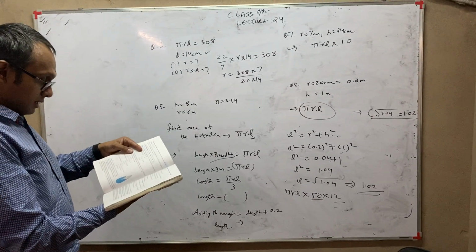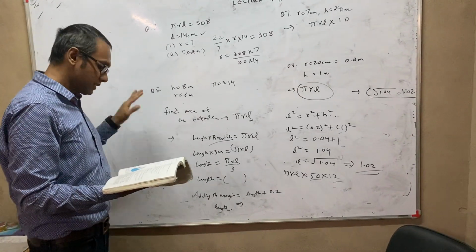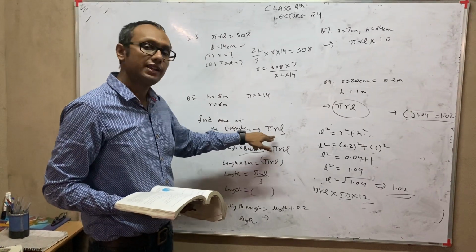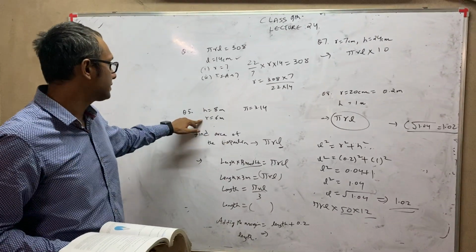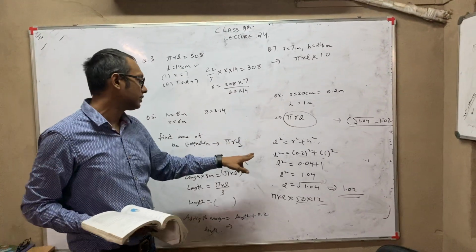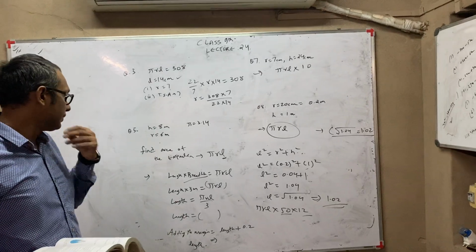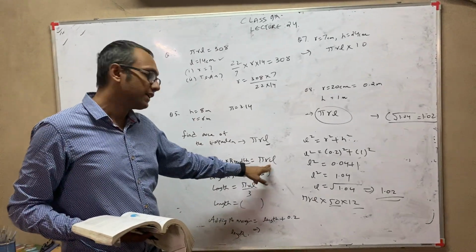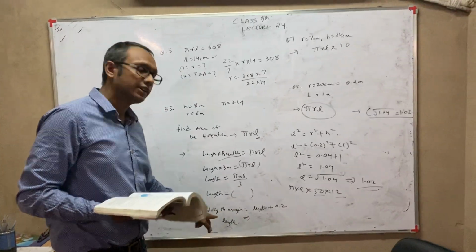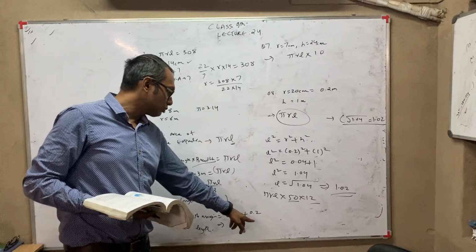Okay, so again I am repeating the sum. First step we have to do, we have to find pi r L in this sum. For finding pi r L, you have everything, radius is there, and L also you can find easily. R square plus h square is equal to L square, so you will get L. Next step you will write length into breadth is equal to pi r L, where breadth is given, you will divide it and then you will get the length, and in the end to this length you add the 20 centimeter margin also.